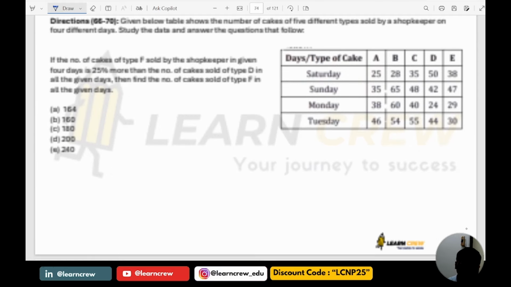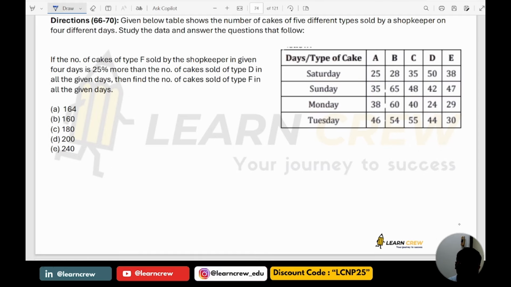Now next, the number of cakes of type F sold by the shopkeeper in the given 4 days is 25% more than the number of cakes sold of type D in all the given days.